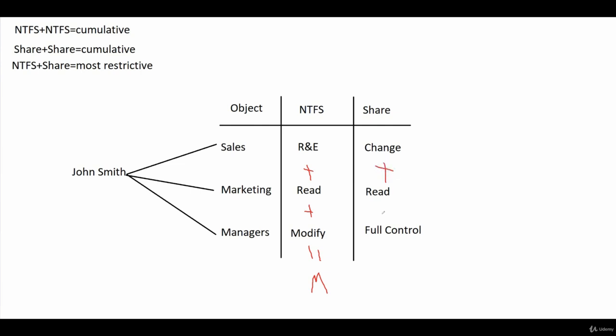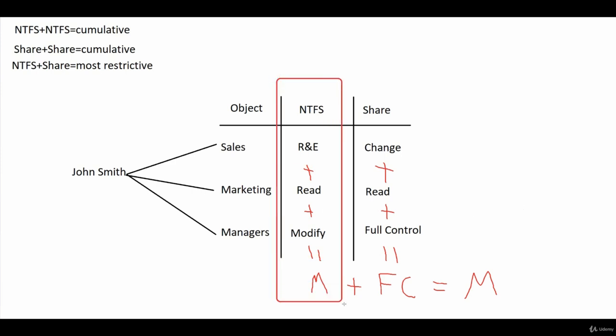Change plus read plus full control equals full control. Now add up the last one, the most restrictive one, modify plus full control. What's more restrictive, modify or full control? Modify. And there is your effective permission. So don't just look on the screen and say, well, the most restrictive one is going to be the answer. You have to work it out like this.